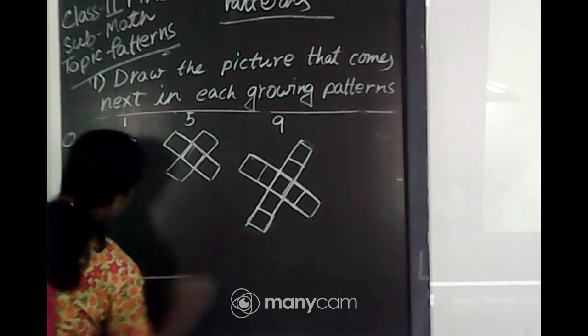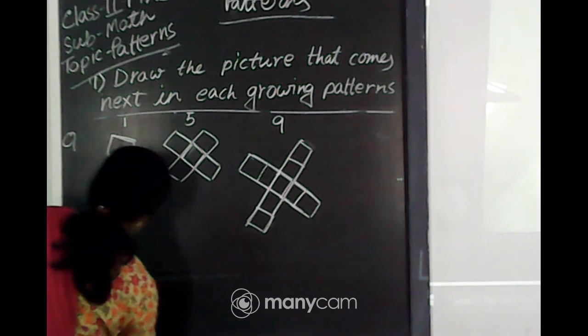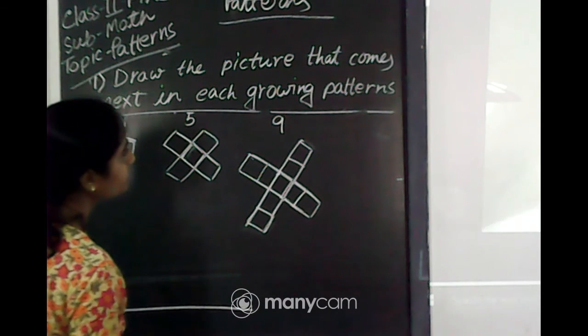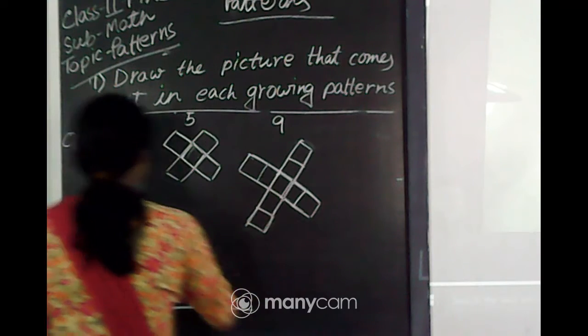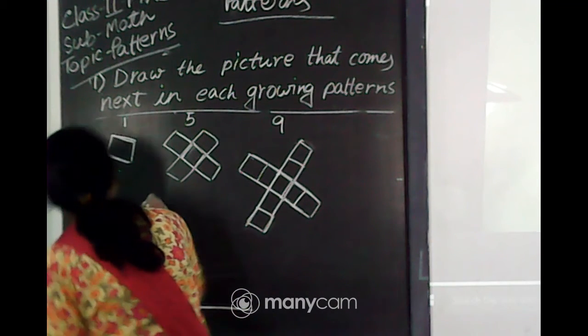I am just showing, I will draw over here. Next, one blank. Please follow me. First 1, then 5, then 9, then it will be 13.